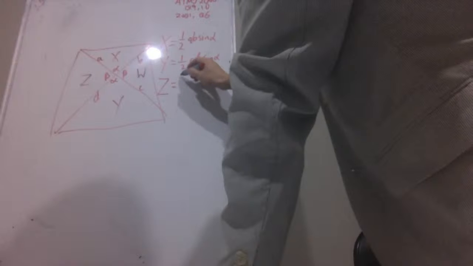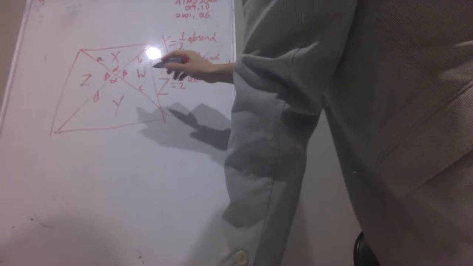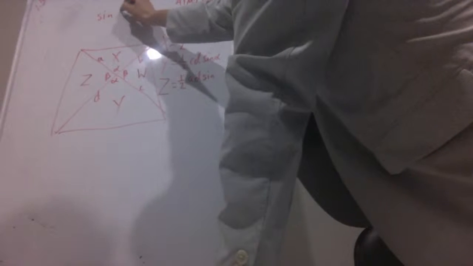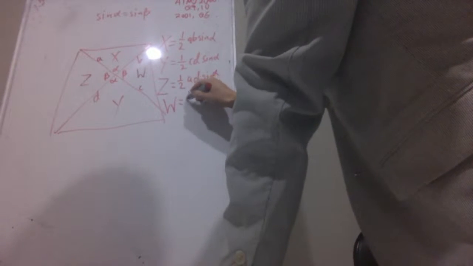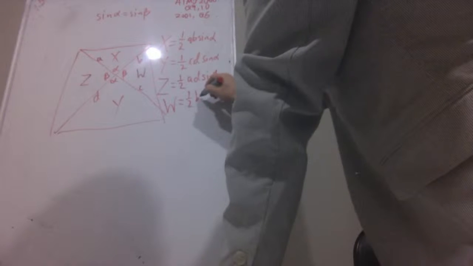Z is half ad sine beta, but sine beta is the same as sine alpha because they're supplementary, 180. And w equals half bc sine alpha as well.